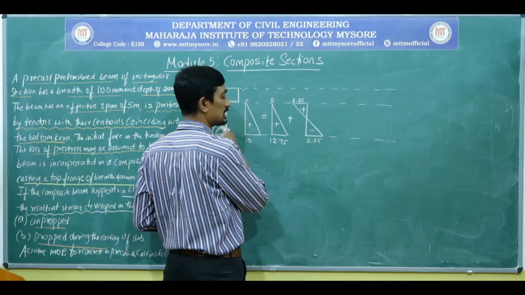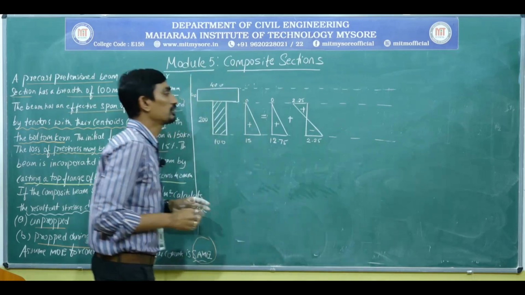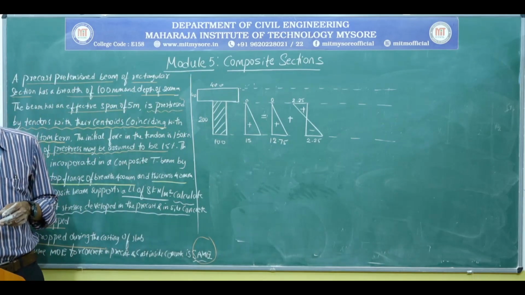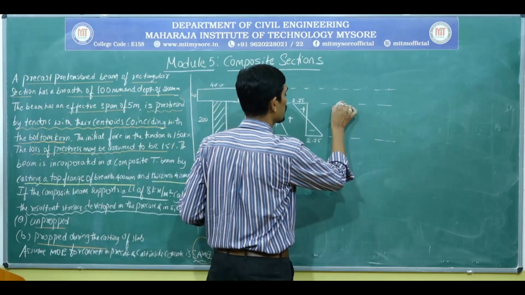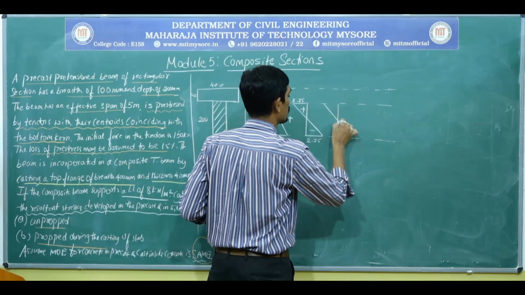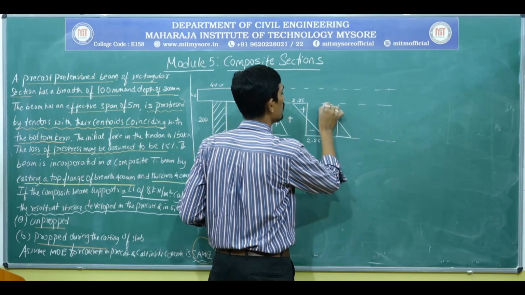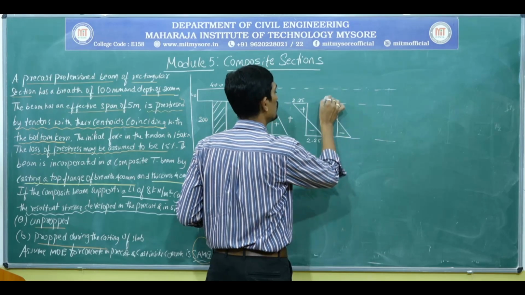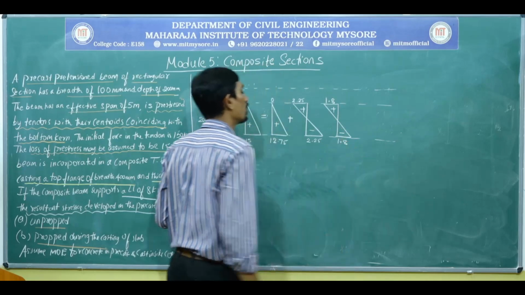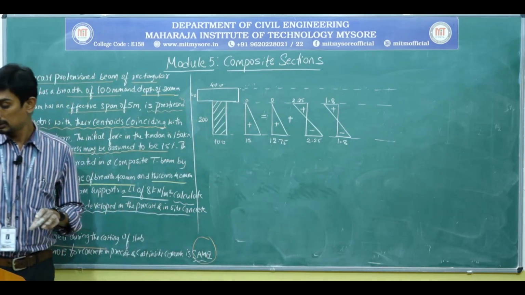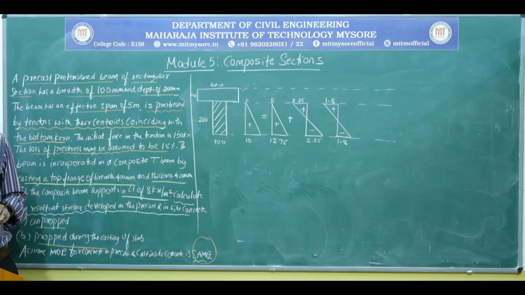Why is it the same? Because it is a rectangular section. Next, coming to the stresses due to the self-weight of the cast in situ slab, which is also the same, positive, negative, which is 1.8 at the top and 1.8 at the bottom.